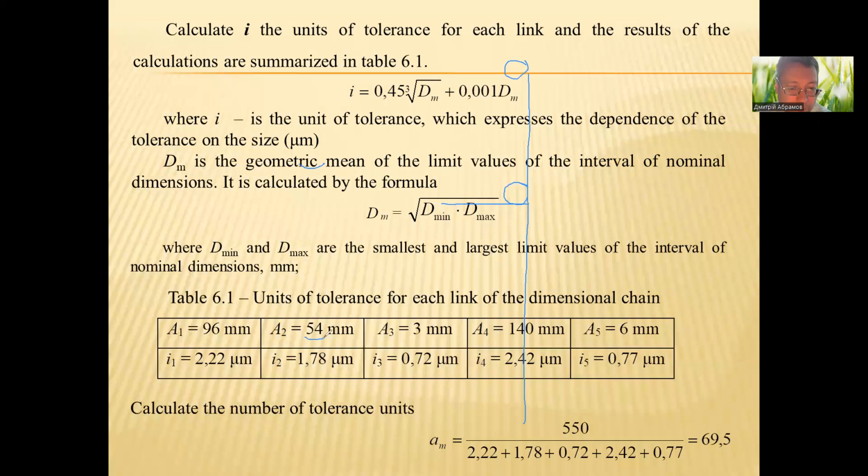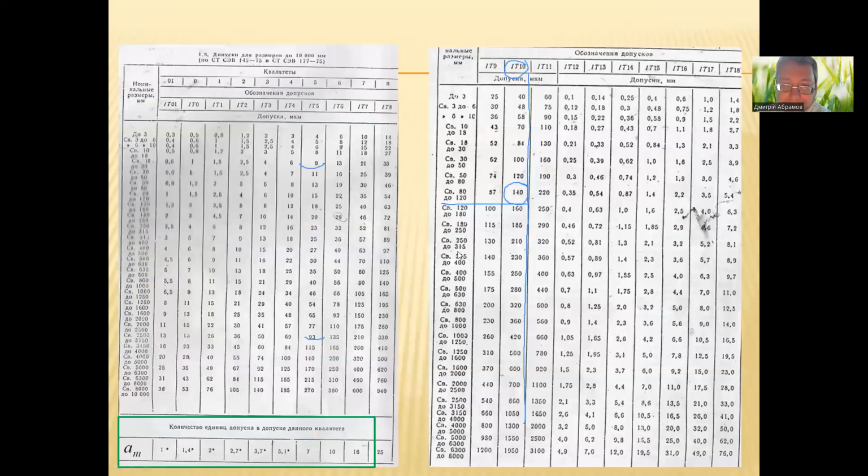For the second link, 54 millimeters. We use the same table. And for 54 millimeters, it's between 50 and 80 millimeters. For this link, we use tolerance field 120 micrometers or microns, 120.